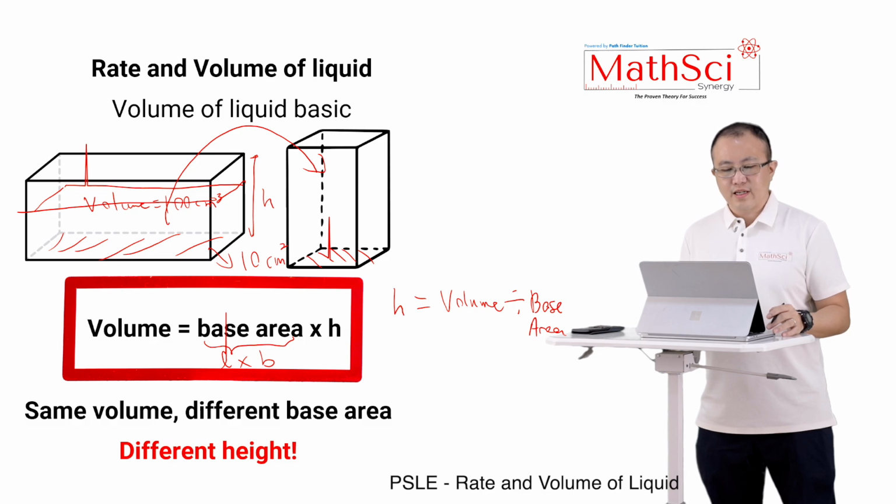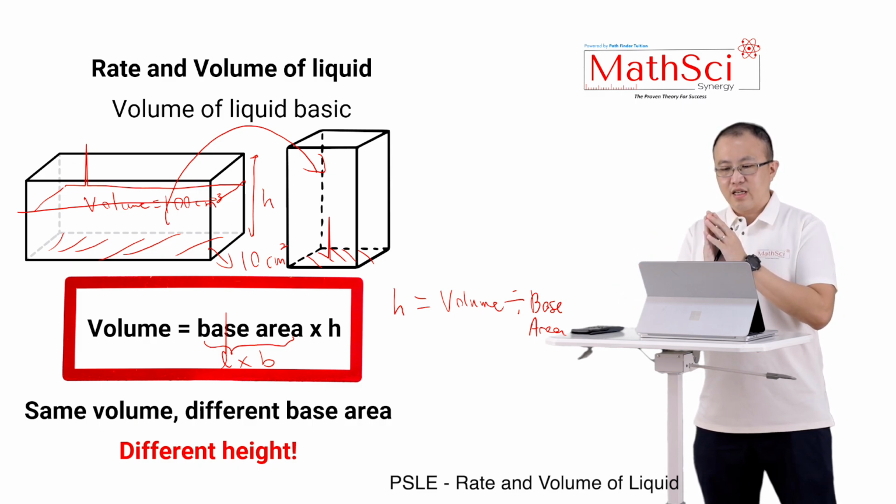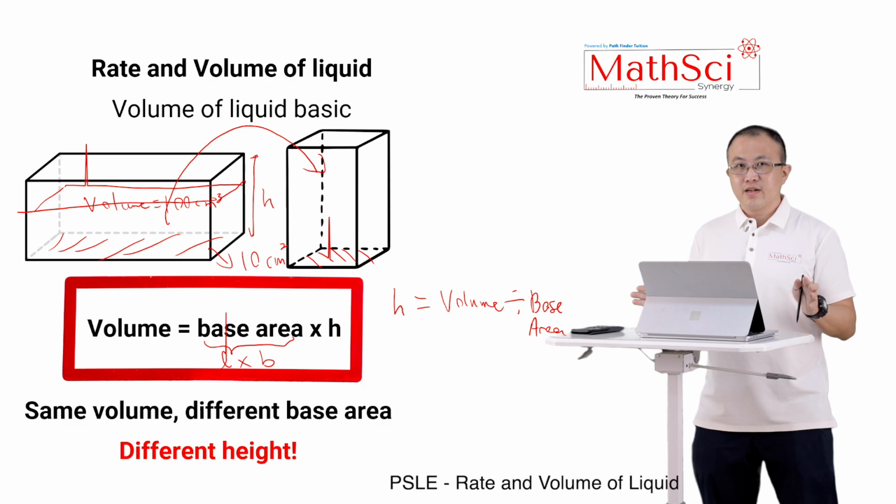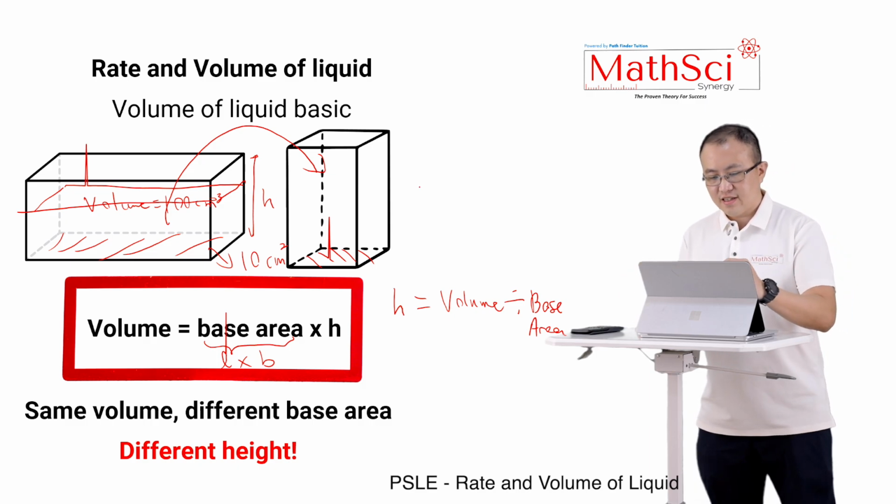So I expect it to be higher. You might actually be able to understand that without even pouring it in. But the main thing is because of this formula, this equation: volume is equal to base area times height, and height is the volume divided by the base area. So with that, we can say that if I have double the base area, I will have half the height.